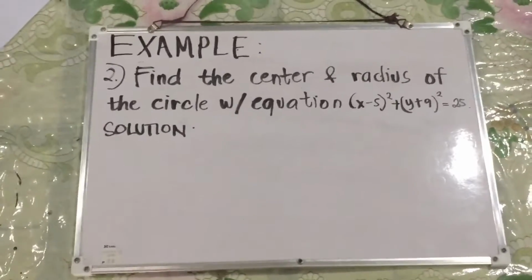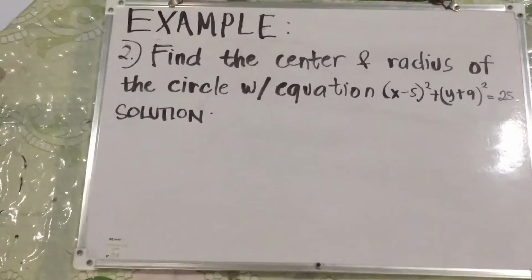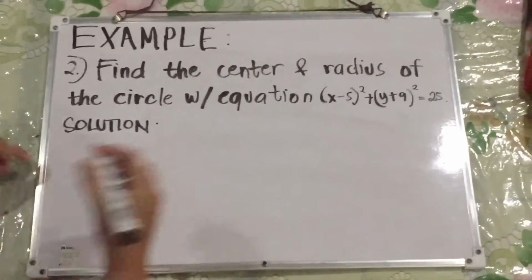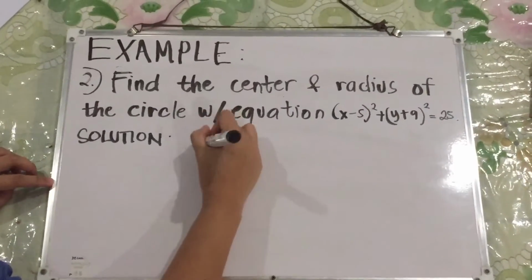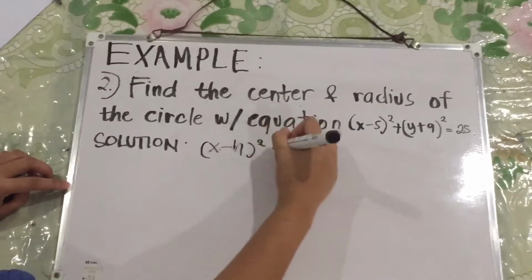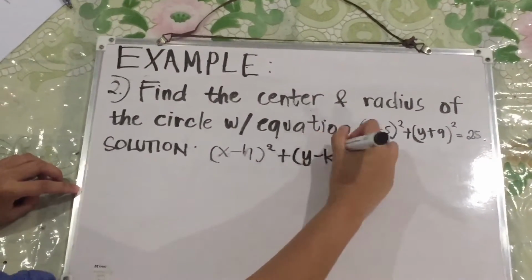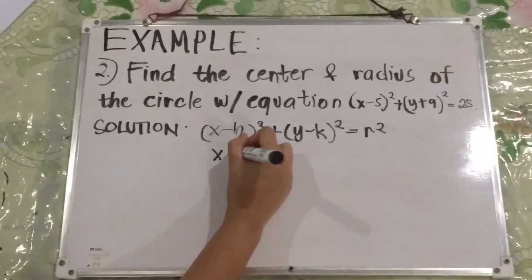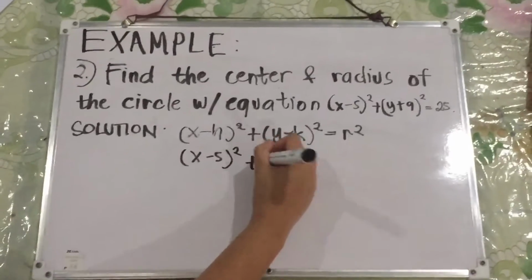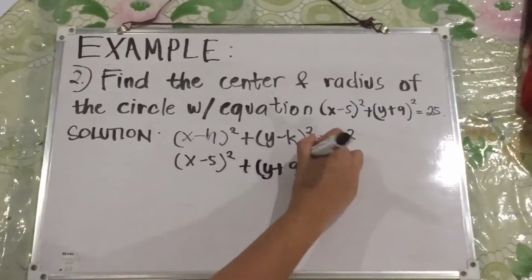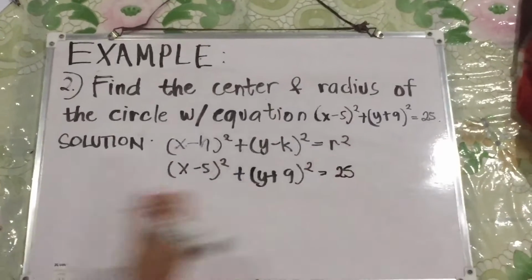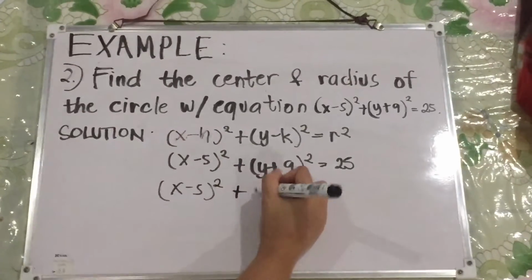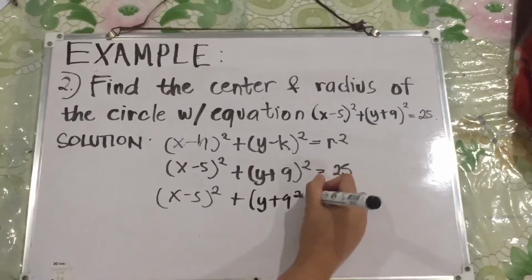Find the center and the radius of the circle with equation (x - 5)² + (y + 9)² = 25. From the standard form, (x - h)² + (y - k)² = r², the given is (x - 5)² + (y + 9)² = 25.